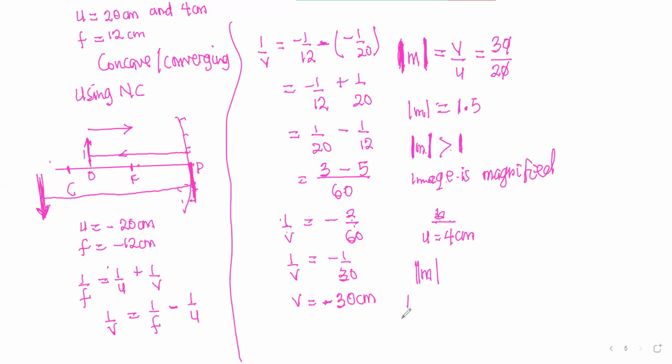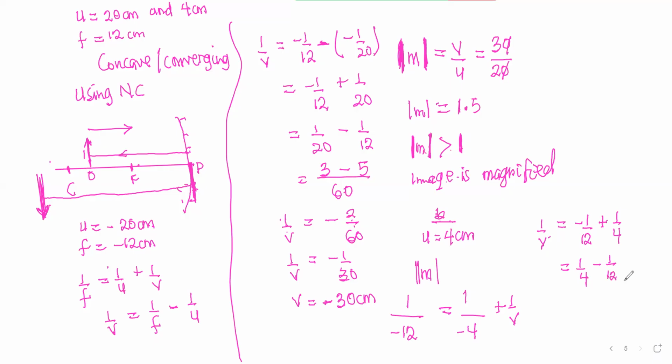So 1 over minus 12 is equal to 1 over minus 4 plus 1 over V. So 1 over V would be equal to negative 1 over 12 plus 1 over 4, when I make 1 over V the subject. This is the same as 1 over 4 minus 1 over 12.